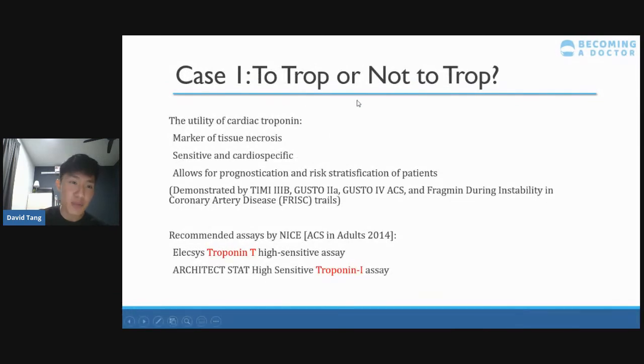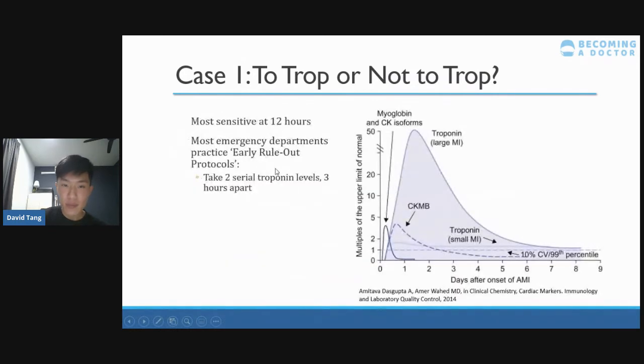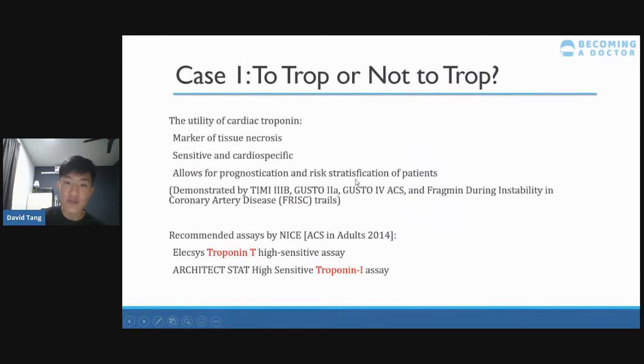And troponin is also the bane of our lives, and it is really helpful. When you're doing a medical posting, you'll be seeing loads of referrals for troponin, and we'll come to a reason why shortly. It is sensitive, cardio-specific, and it allows stratification of risk.